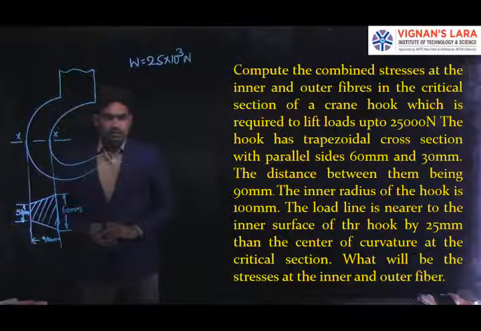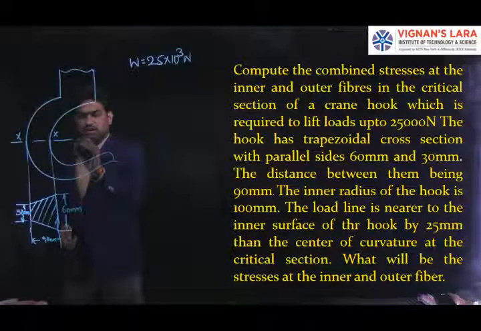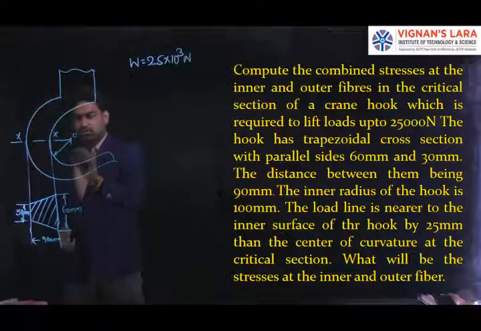Clear? The inner radius of the hook is 100 mm. Which means the inner radius is the distance from the center of curvature O to the inner fibers, that is 100 mm.